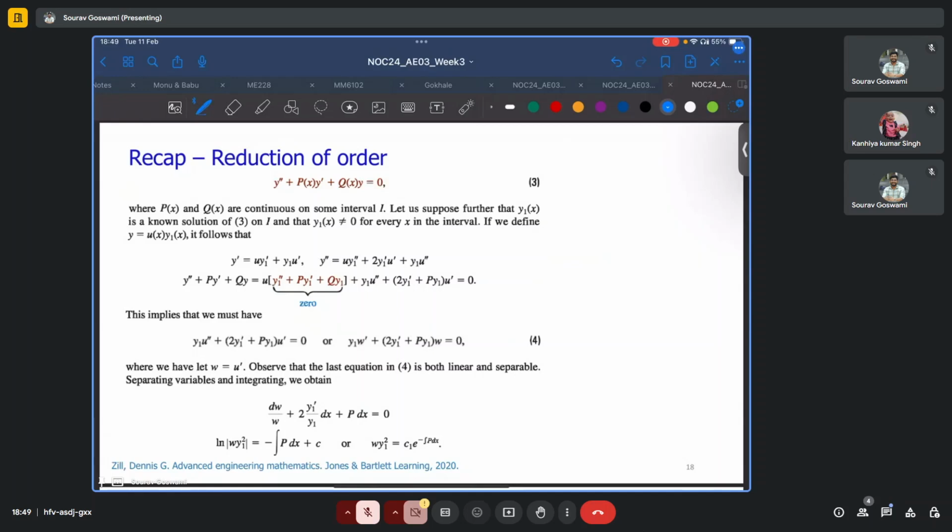And the general algorithm or process is highlighted here. What basically happens is, if some solution y1 is known to us and we substitute y1 for every x in the interval, some part of the equation, which is shown here, will turn to 0.